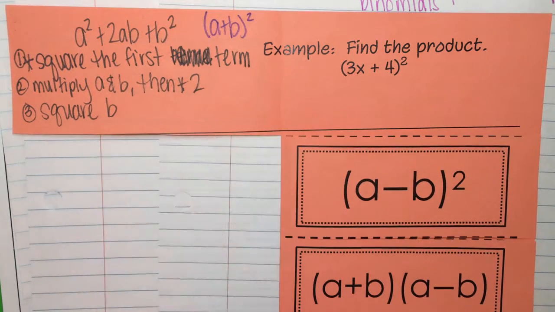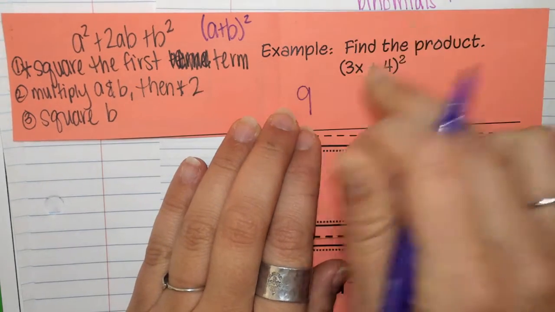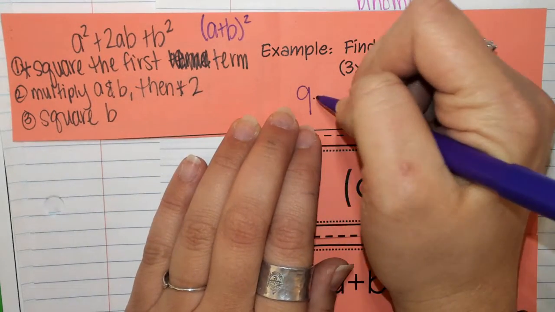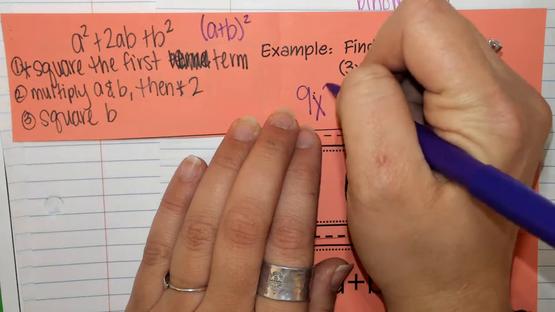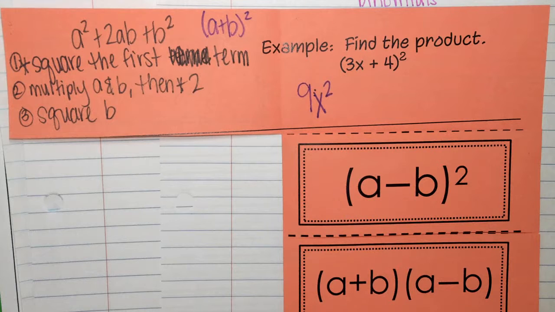So if I square 3x, what am I going to get? What's 3 squared? 9. And what's x squared? X squared. That's all you do, is you square the first term. So since it's 3x, you'll get 9x squared.